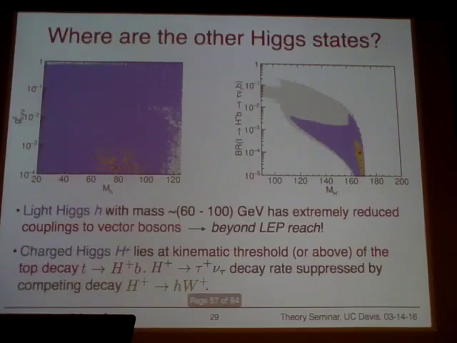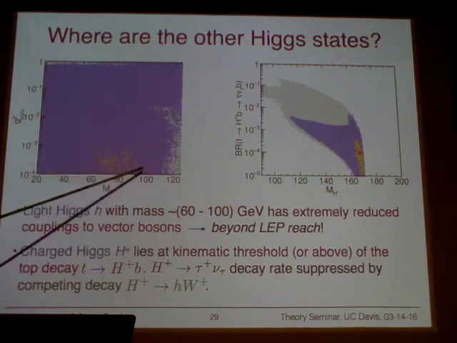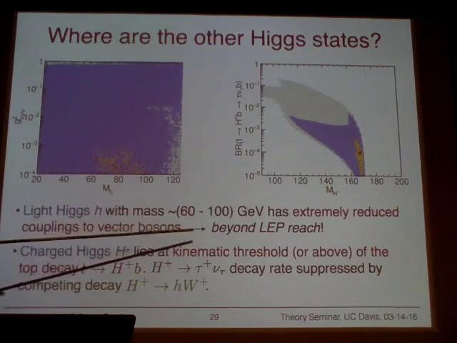All right, the most interesting question in the heavy Higgs interpretation is where are the other Higgs states? We find that the light Higgs typically has a mass around 60 to 100 GeV and has extremely reduced couplings to the vector bosons. This is also one of the explanations why this hasn't been seen or excluded by the LEP experiments.